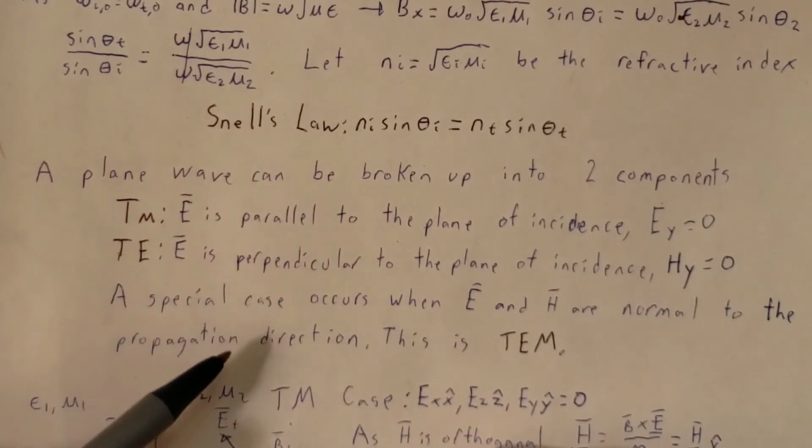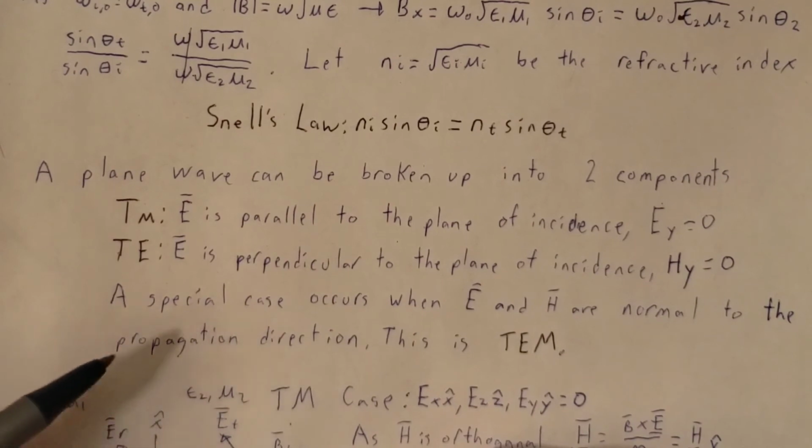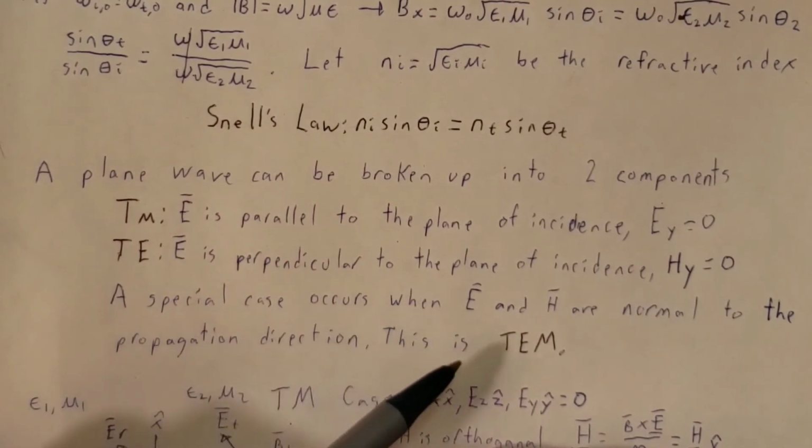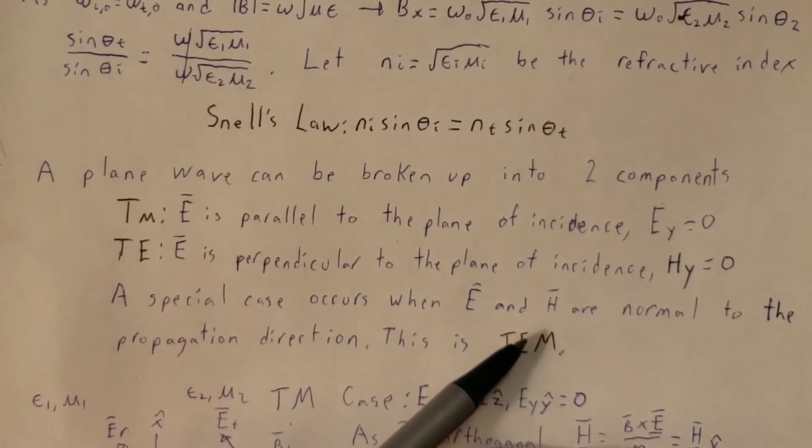We also have a special case, which occurs when both E and H are normal to the propagation direction, and this is the transverse electromagnetic mode, which we have already seen in the normal reflection.